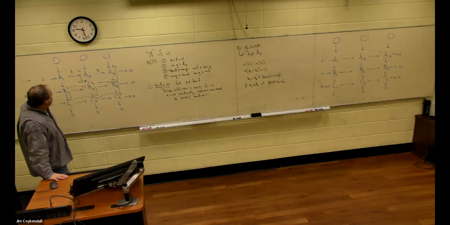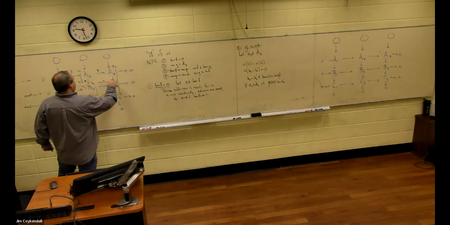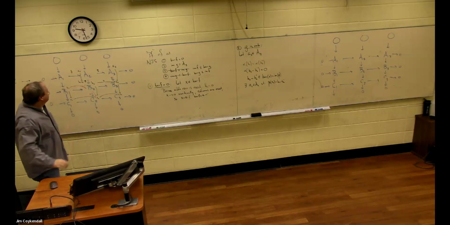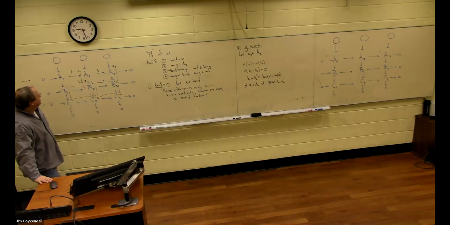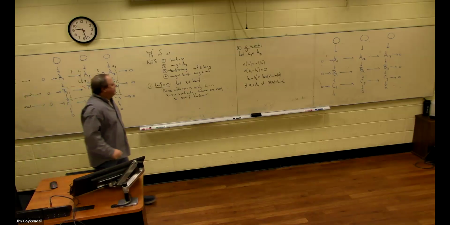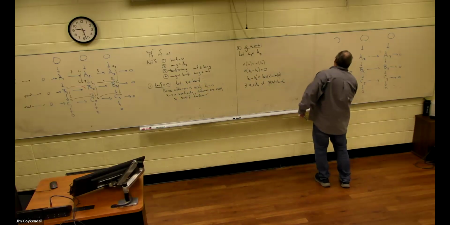Okay, so how do we push forward here? I'm gonna call this gamma and delta right here, this map, this map. What happens when I do this?